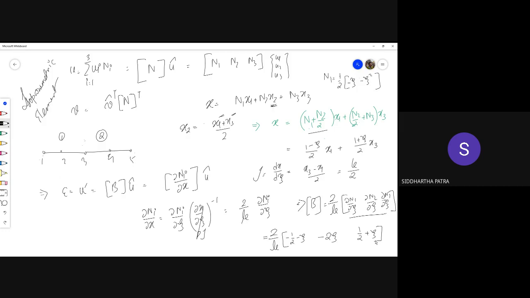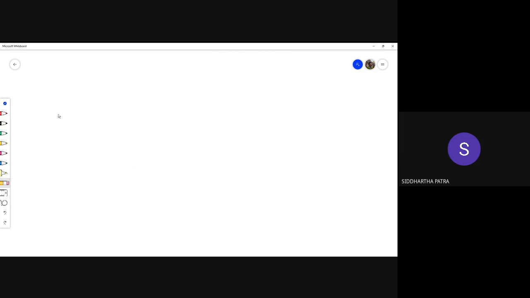I believe that's what you are going to get, because N3 is xi plus xi squared times half. Okay, check whether you are getting the same set of expressions. The same expressions, right? Yes. So let me erase everything.